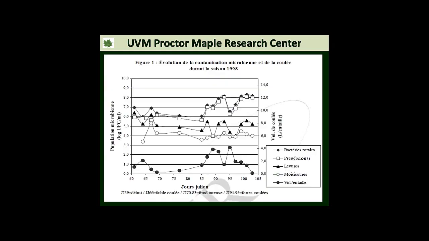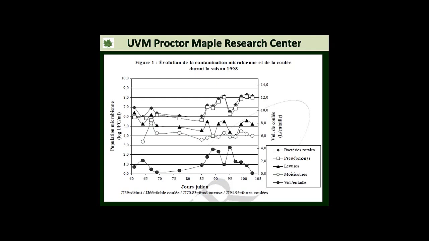If we look at the contamination within the tubing, it happens throughout the season. Once you have tubing that's out there for a few years, it's contaminated with lots of different things. This is a study that was done in Canada looking at different types of microbes that occur in the tubing systems over the season. I just want to point out this scale, going from 0 to 10, is a logarithmic scale.